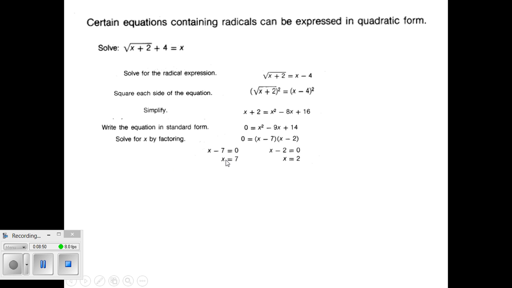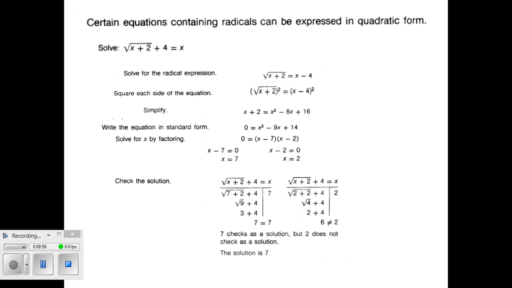So let's throw both of these back into the original expression and see if we get a balance. So here's our original expression. The value of 7 is replaced, and we keep the balance. When the 2 is replaced back in, we do not maintain the balance. Therefore, we have to toss away the solution of 2, and we'll accept the solution of 7.